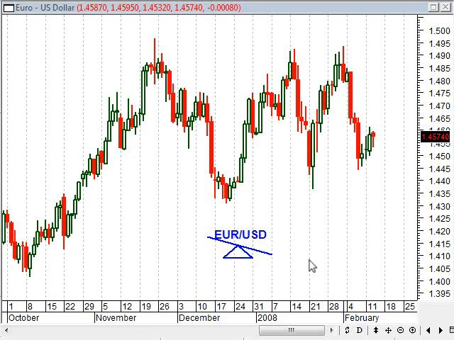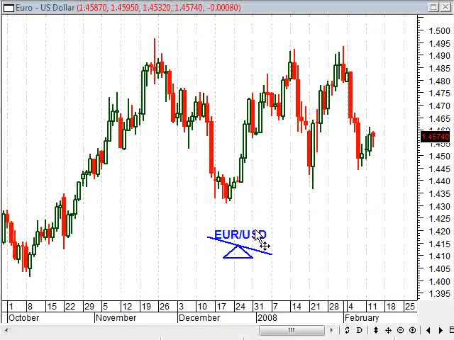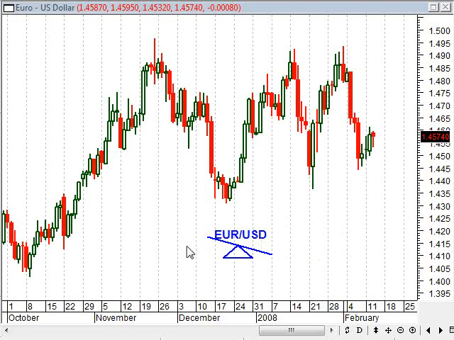So this is a good shortcut to try to remember, if some good news comes out about the dollar, what direction do I think the euro dollar should go? Well, it should go in the direction that the seesaw would predict. Or if we get really good news about the euro, what direction do we think that the exchange rate should go? Or bad news about the dollar, oh, it should tilt back up and the exchange rate should go back up.